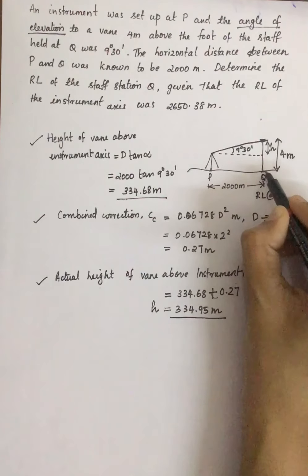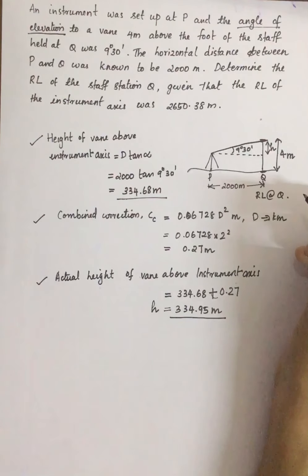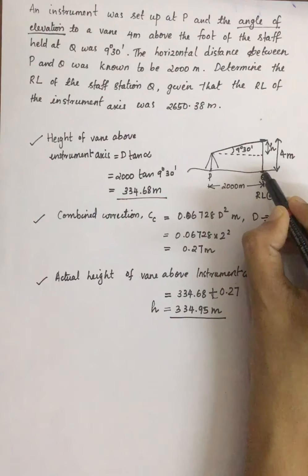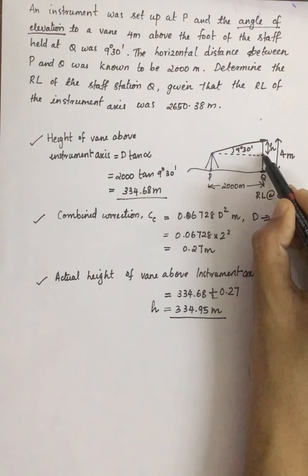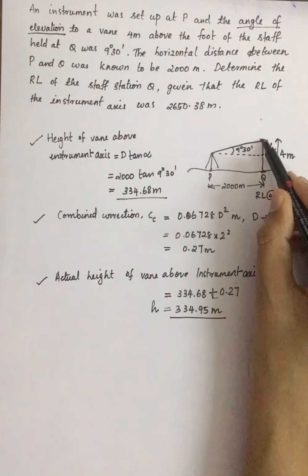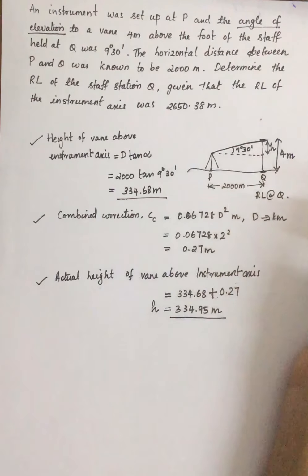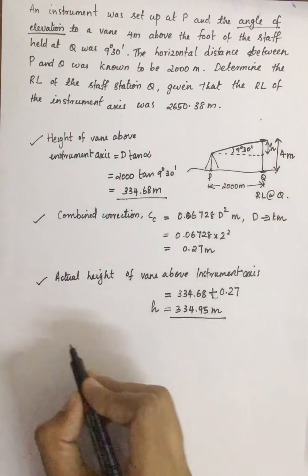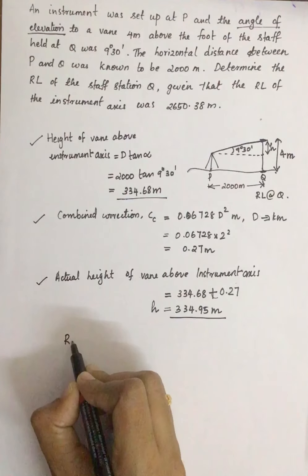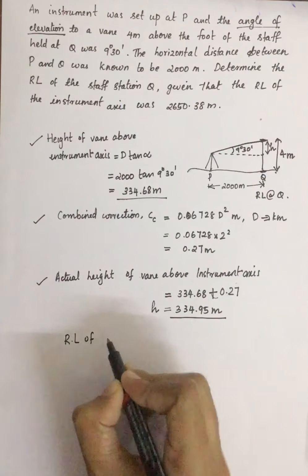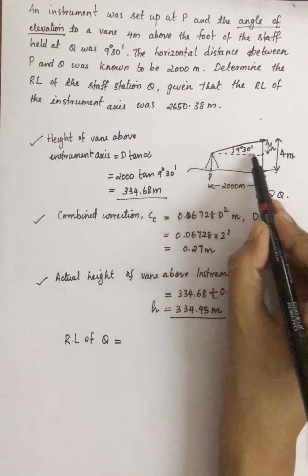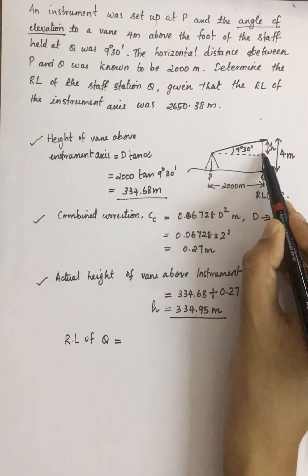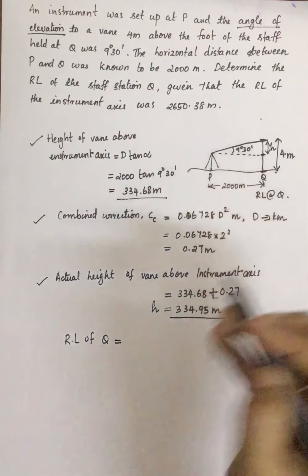Now what is the reduced level of Q? Reduced level of Q is reduced level of instrument axis plus H minus 4, isn't it? The reduced level of the instrument axis is given in the question.